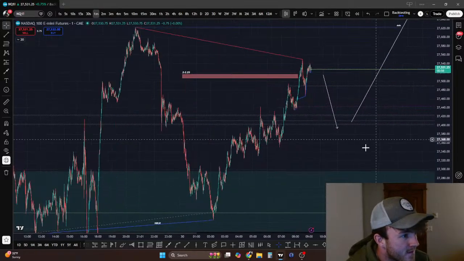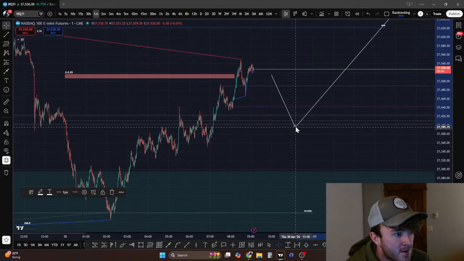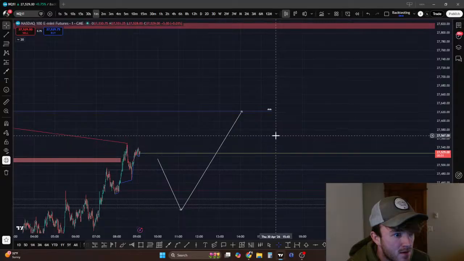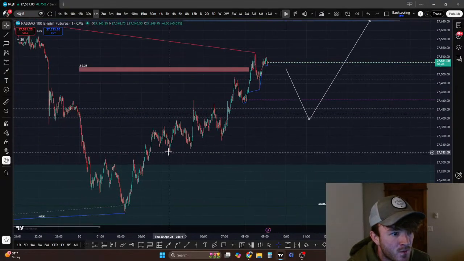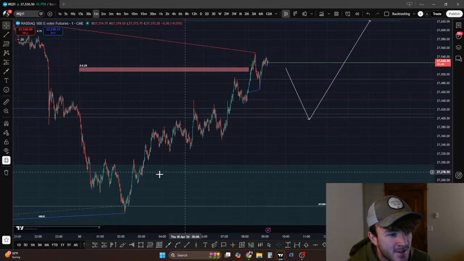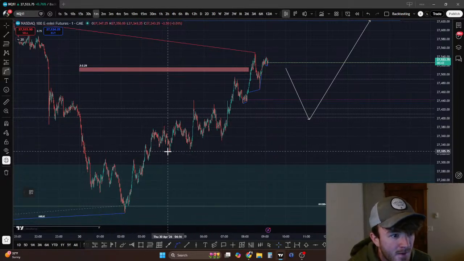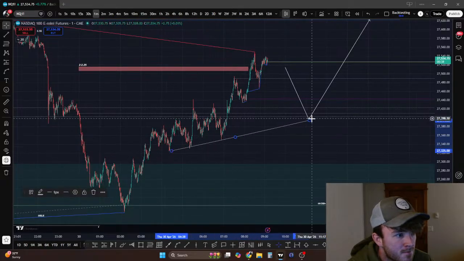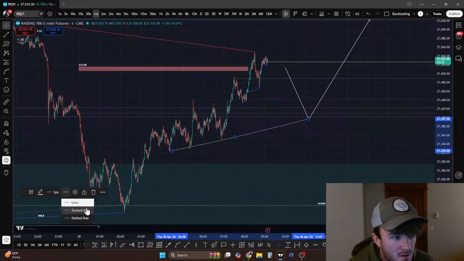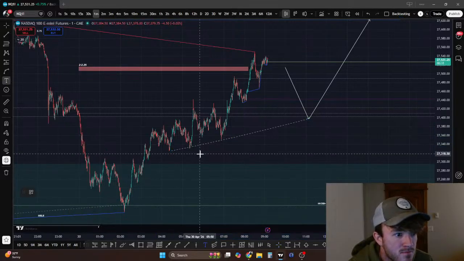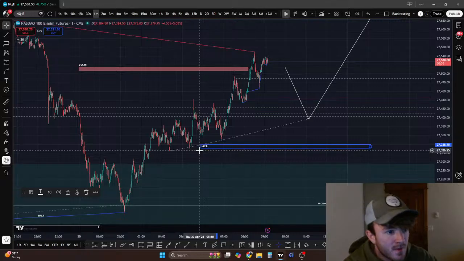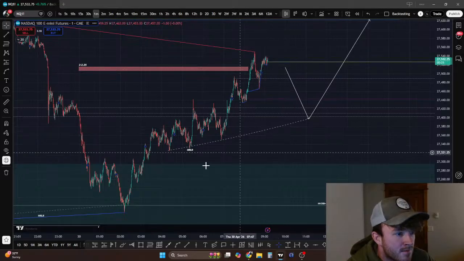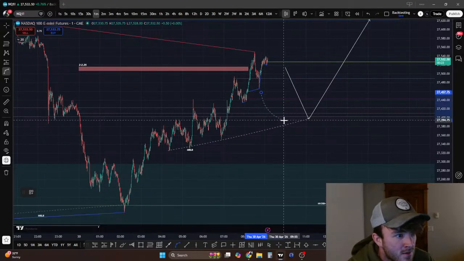You know what I think? I think we're going to get a market maker buy model at 10 or 11. Maybe 10:30. We'll run into this high resistance liquidity, and then form this as a buy model.